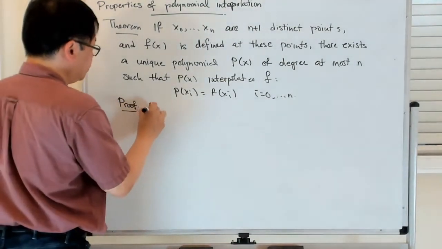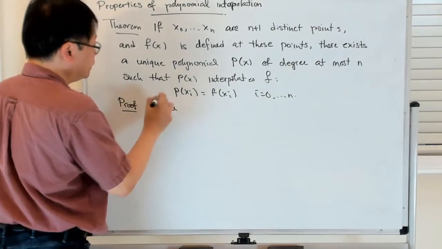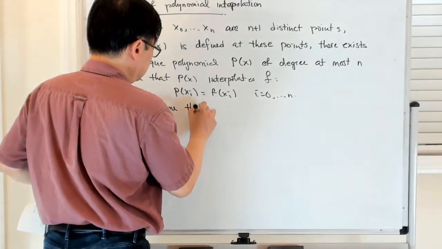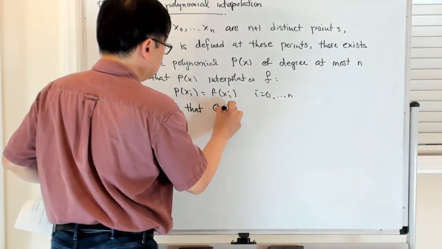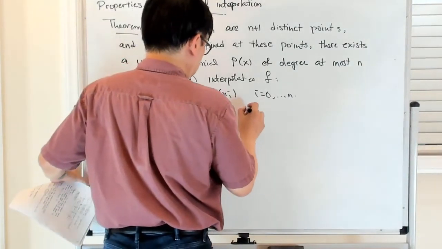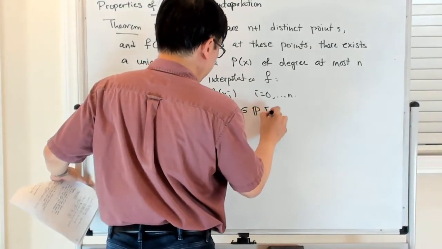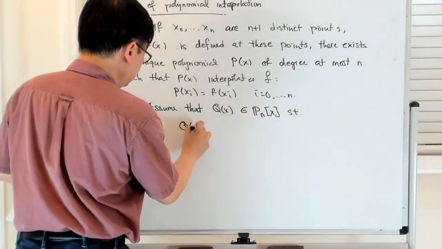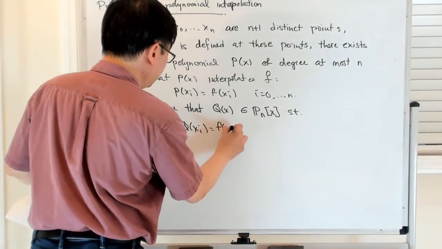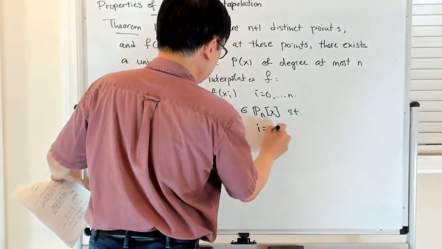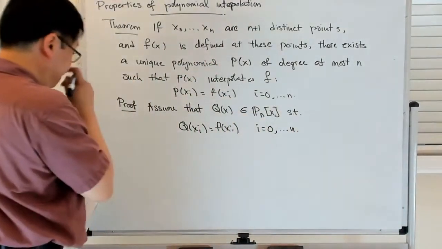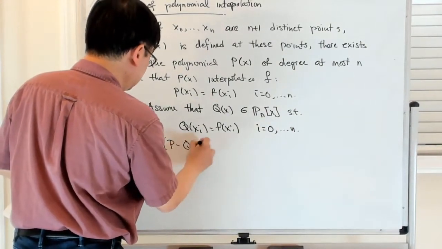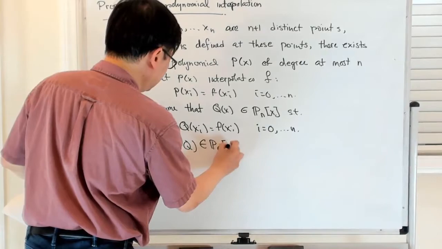Let's assume towards contradiction that there is another polynomial which interpolates this. So this is a polynomial of degree n, q, such that q at xi equals f at xi, i goes from 0 to n. All right, so we know that p minus q is again a polynomial of degree n.